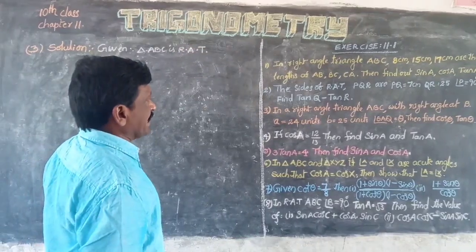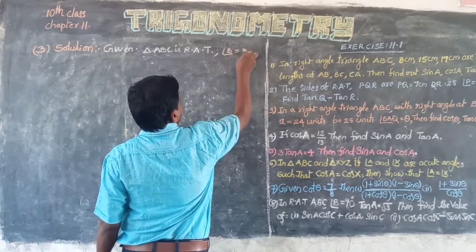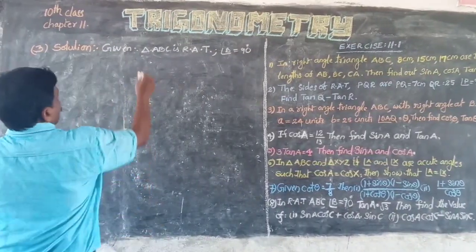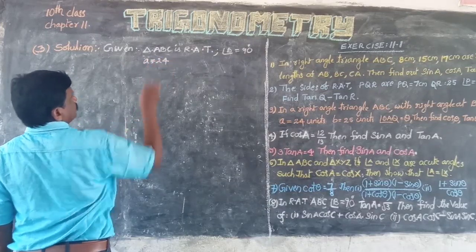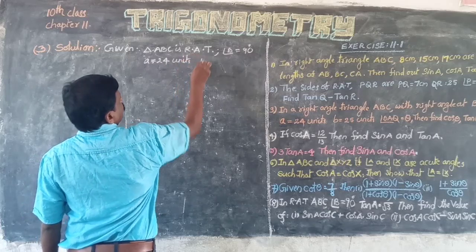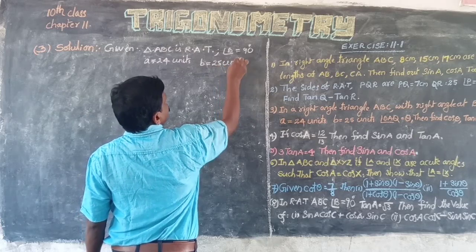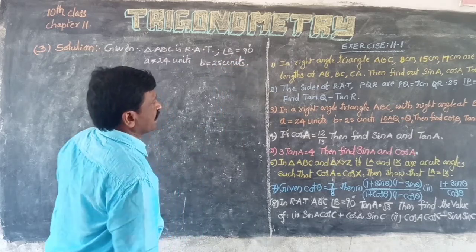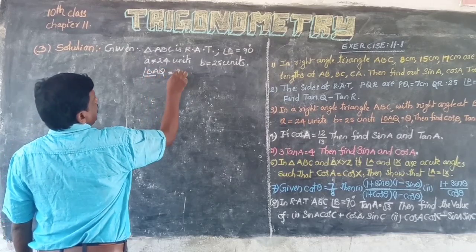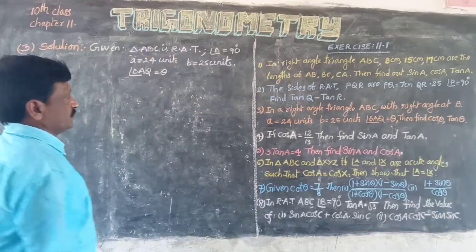So the right angle at B is 90 degrees. a is equal to 24 units. b is equal to 25 units. Angle BAC is theta. So we want cos theta and tan theta.